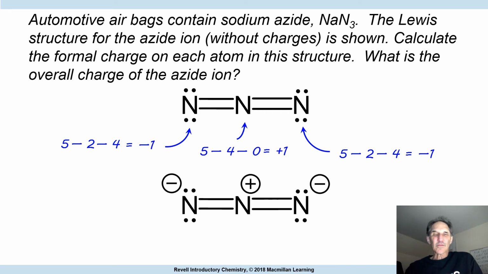So what do you think the overall charge is of this azide molecule? Well, it would be a -1. You could see that, right? These two cancel out. We'd have azide, N3 is a -1. Pretty important molecule for our airbags.